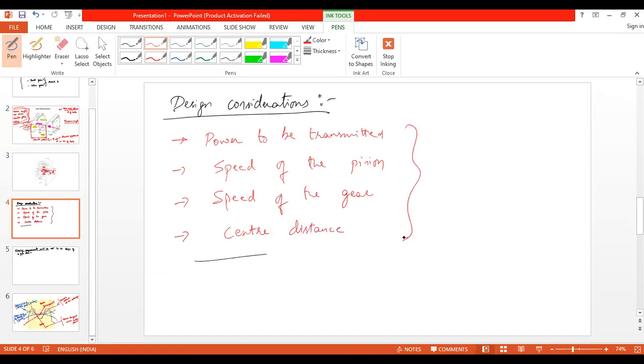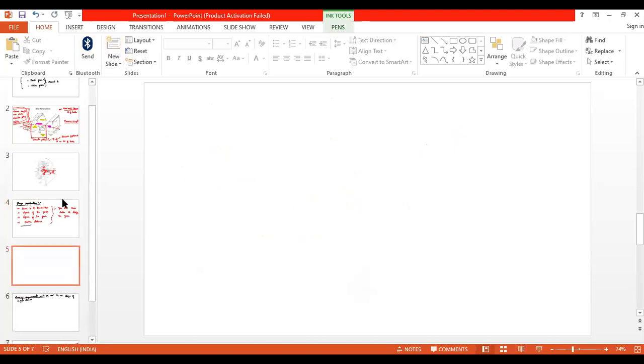If you have these four data, you can design the gear.